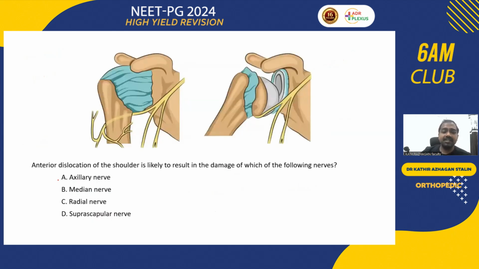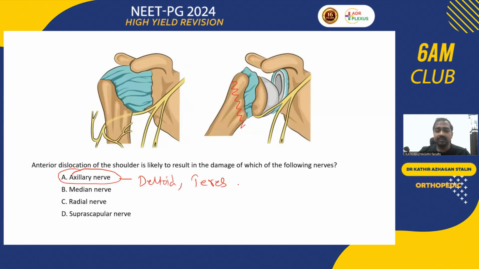Which is the nerve damaged in shoulder dislocation? Axillary nerve. In proximal humerus fracture, axillary nerve. Subcoracoid, axillary nerve. Subglenoid, axillary nerve. And if they ask which muscle is compromised, deltoid. And what other muscle?